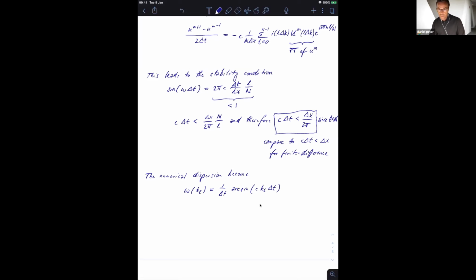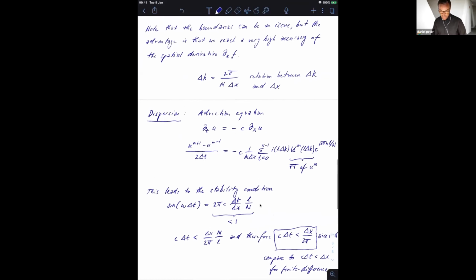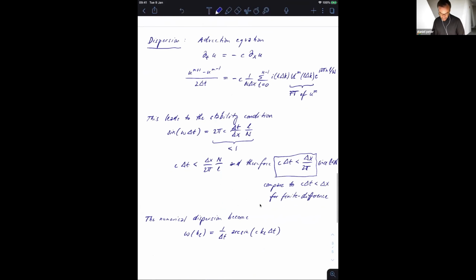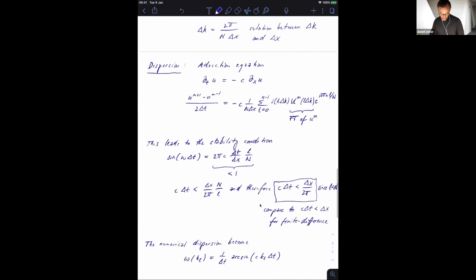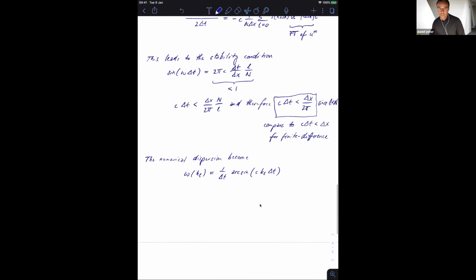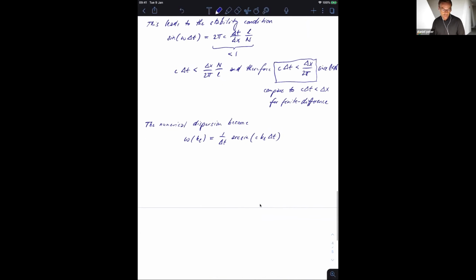And since k L is controlled by delta t as well, you see with the above equations that in this case the numerical dispersion is controlled only by delta t. The temporal increment, and not by the spatial increments.